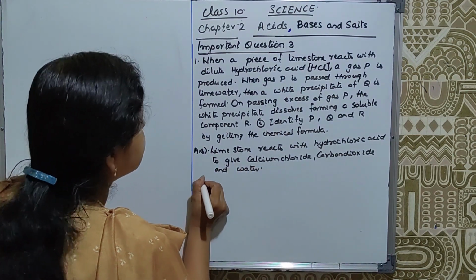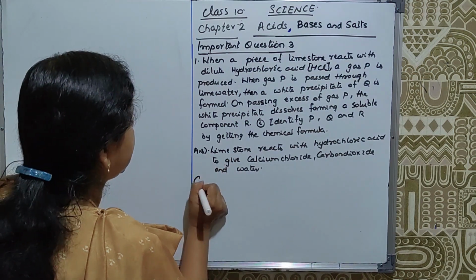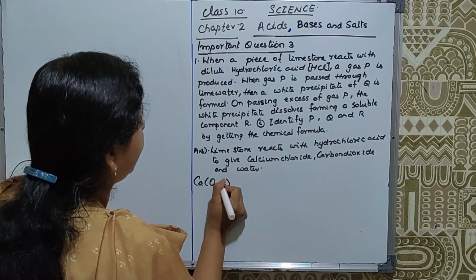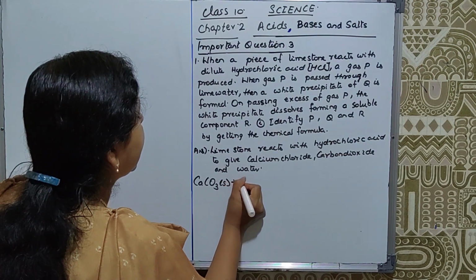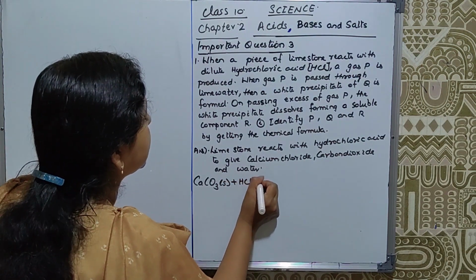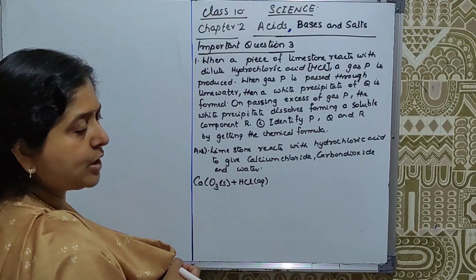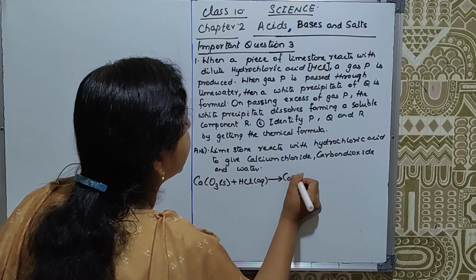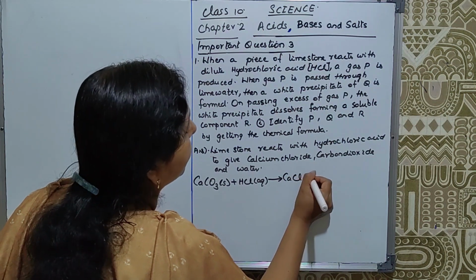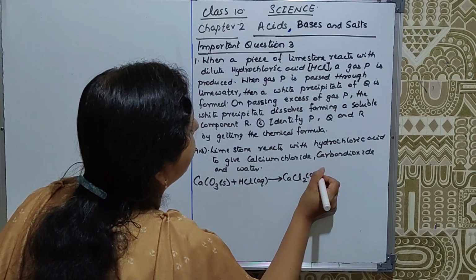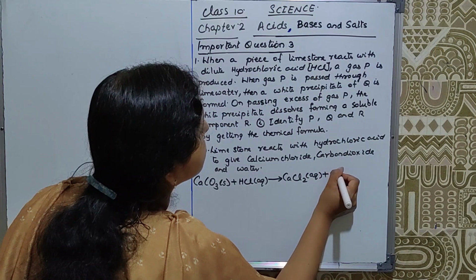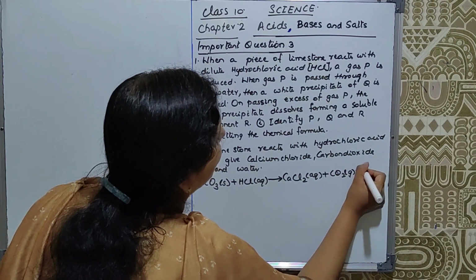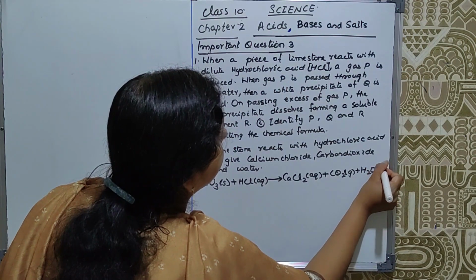I will write calcium, limestone is calcium carbonate, CaCO3 in the solid form, reacts with hydrochloric acid, HCl in the aqueous form, in the water actually, dilute HCl, to give calcium chloride. Calcium chloride is a salt in the aqueous form, plus carbon dioxide is a gas, plus water in the liquid form.